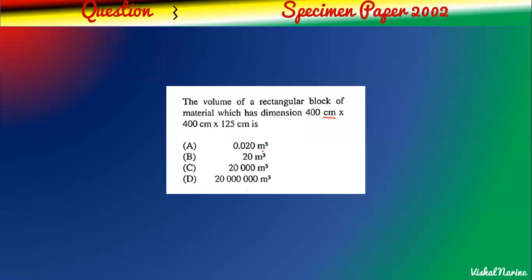So the first thing you will need to do is to convert each one of these to meters. So you divide by 100, so this is basically 4 meters, multiply by 4 meters, multiply by 1.25 meters. And that is going to work out to be 20 meter cube. All right, so the answer there is B.